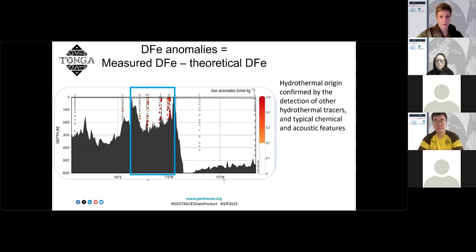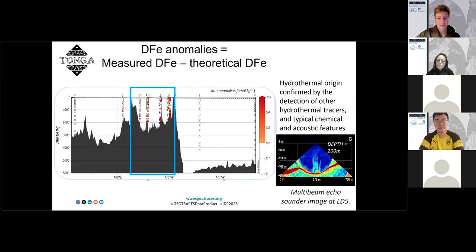Hydrothermal origin of that iron was confirmed by the detection of other hydrothermal tracers such as helium-3, methane, CO2, manganese, in addition to typical chemical and acoustic features including low pH, low oxygen, high turbidity, and hydrogen sulfide contents. And you can see here, for example, the hydrothermal plume above volcano 1 at station 5 with a strong acoustic signal over the whole water column.